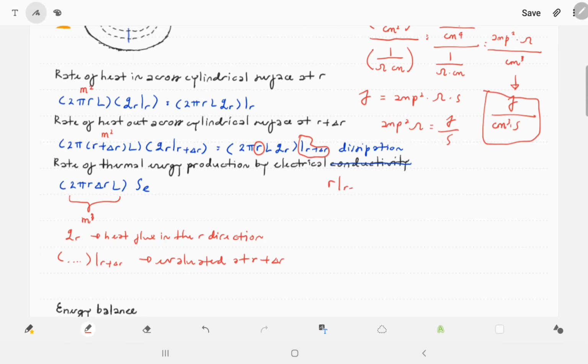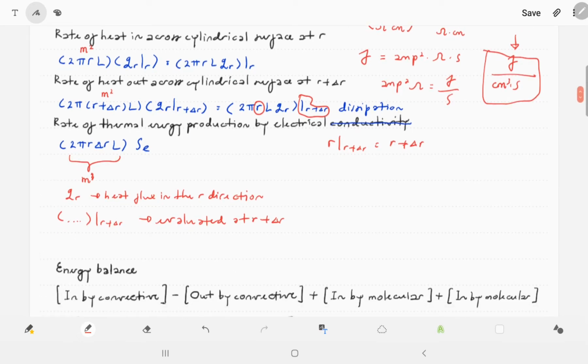So r evaluated at r plus delta r will be equal to r plus delta r. It is very important, and I think we have discussed this several times in the momentum transport example, so I hope you will get familiar with these terms.